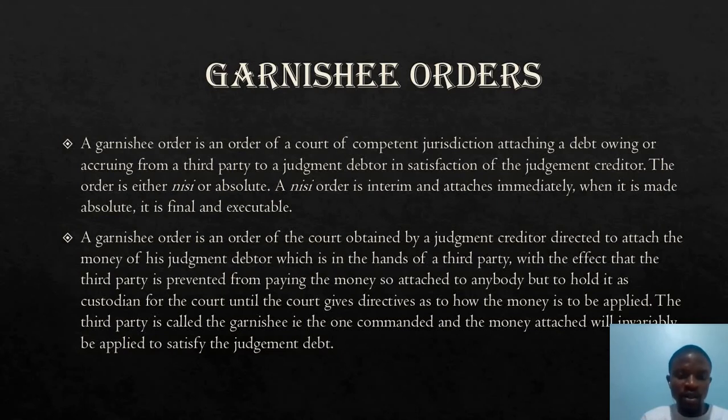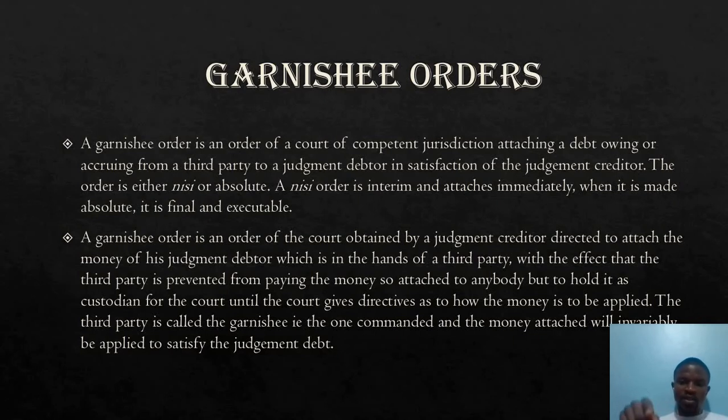A Garnishee order is an order of court. This is a second definition, obtained by a judgment creditor, directed to attach the money of his judgment debtor, which is in the hands of a third party. Now, you must know that it's not all the time that a bank is the third party here. Sometimes, let's say if Clinton was going to collect money for doing a business with somebody, and I know that money belongs to him, I can use this Garnishee order to stop the person that is supposed to pay him that 1 million naira and pay it to me, because he's owing me.